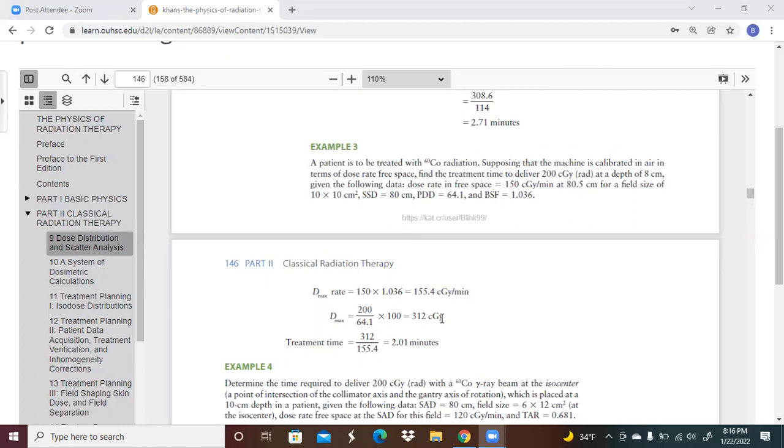And we end up with 312 centigray. We take 312 centigray and divide that by the dose rate at the maximum, and we end up with 2.01 minutes.